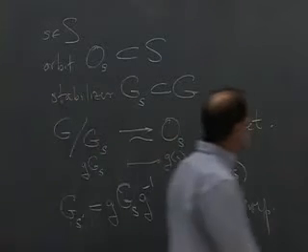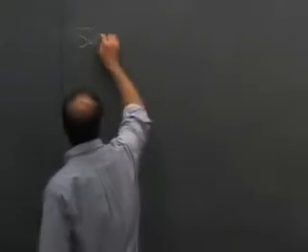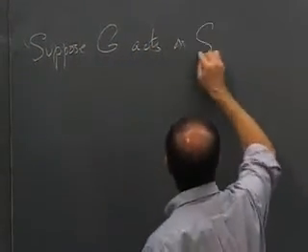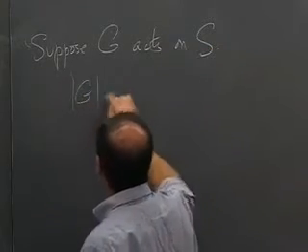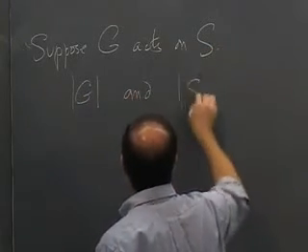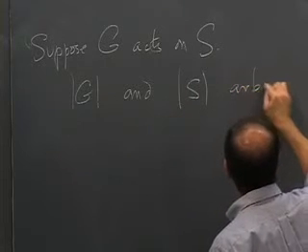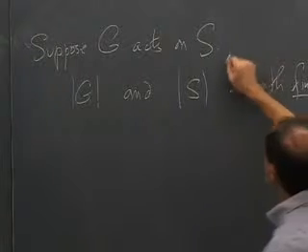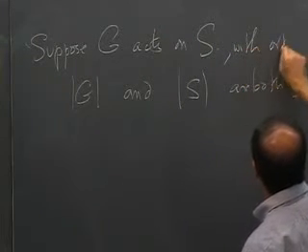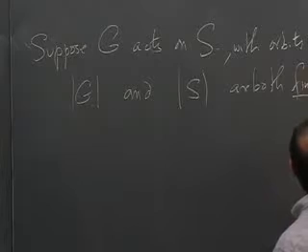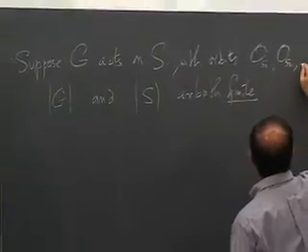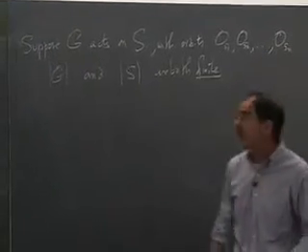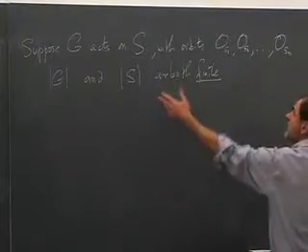It also has the following property. Suppose G acts on S, and the order of G and the order of S are both finite, with orbits O S1, O S2, up to O SN. So the first thing is there are only finitely many orbits, because there are only finitely many elements in the set.